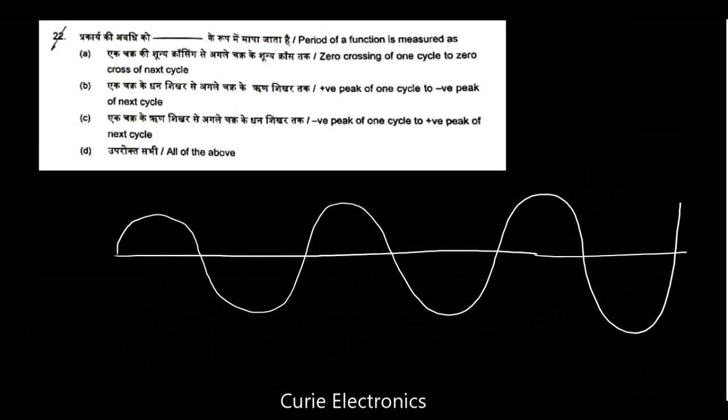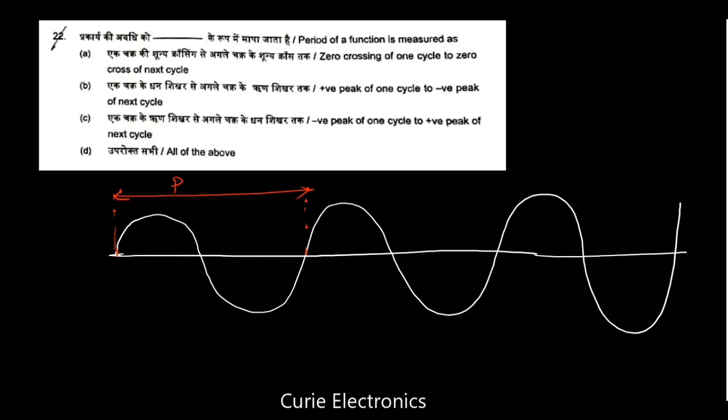If I take this point, where it is crossing zero from a lower value to a higher value, then up to the next such point I will get the period. So it is correct, we can measure the period using the zero crossing point.